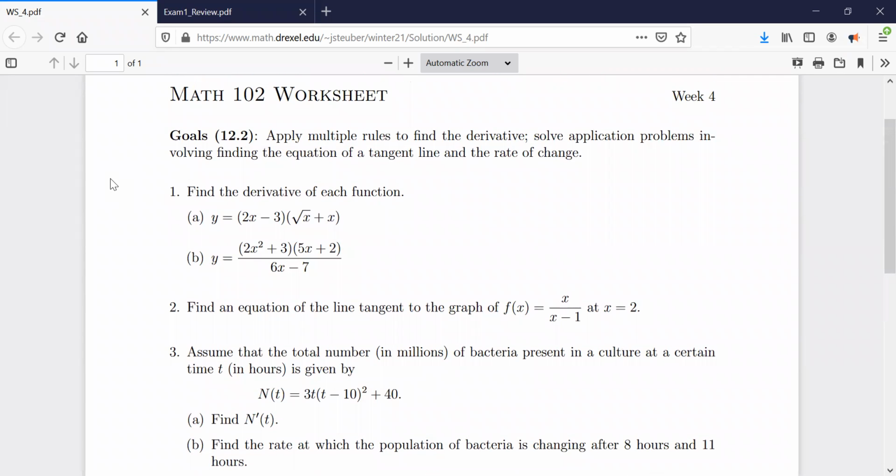So find the derivative of each of these functions. What rule am I going to use for 1a? Product. Exactly. So what is the product rule?